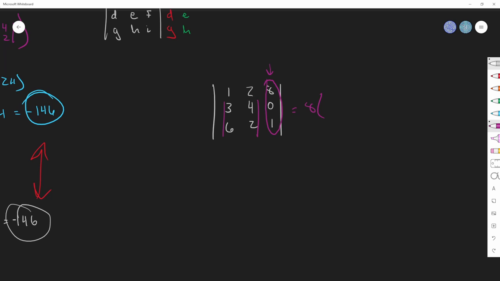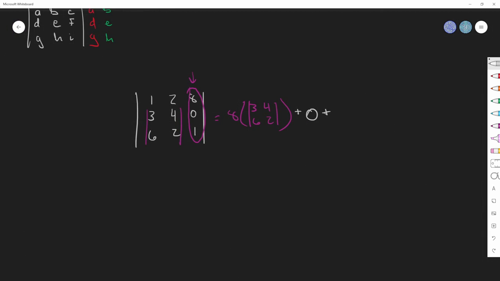Our new matrix would be everything that's not being ignored, so it'll be 3, 4, 6, 2, and we take the determinant. Then the next one is just going to be 0. It's just straight 0.